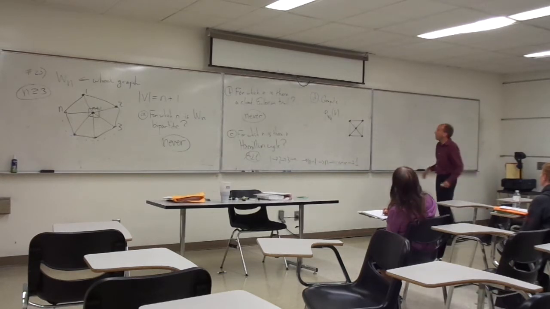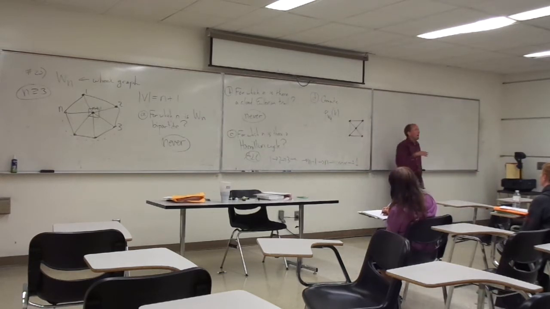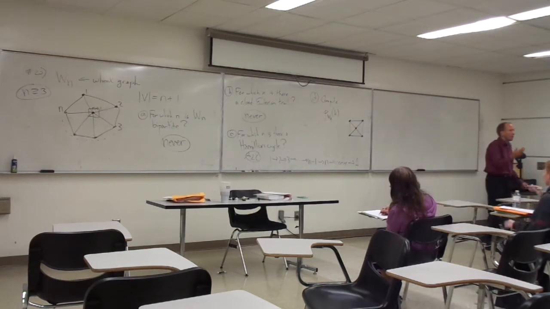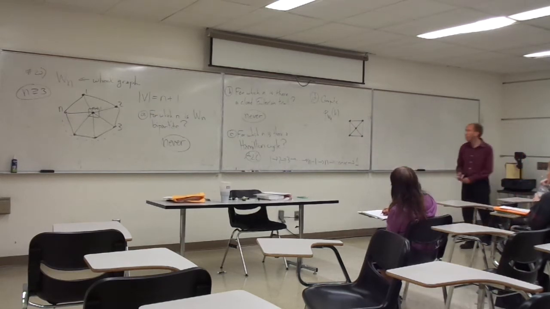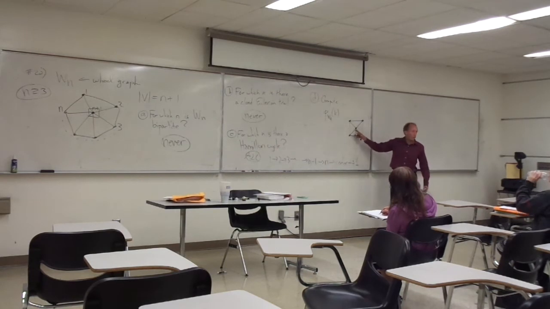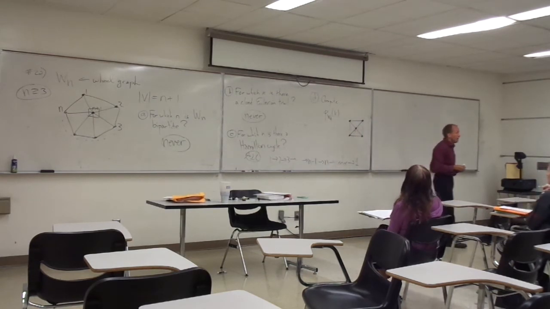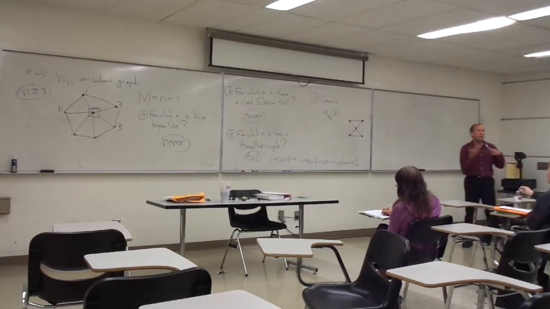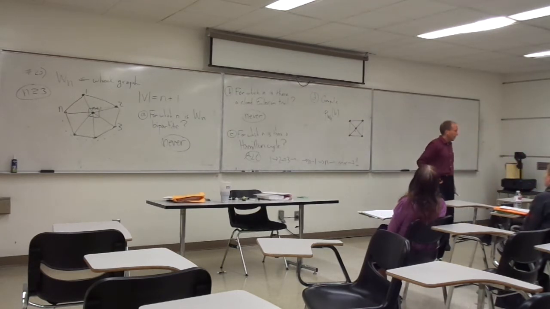So the question is how many ways are there to color these vertices using K colors. Whatever color you choose to put on the center vertex, obviously you could start there if you wanted, there's K choices. The remaining vertices will never be able to use that color again.